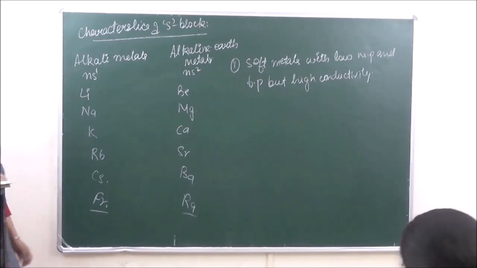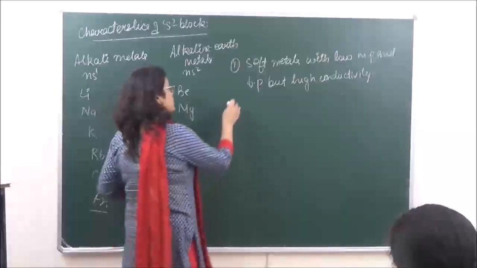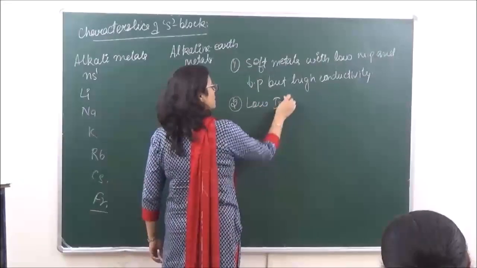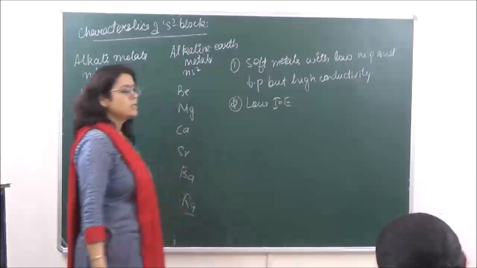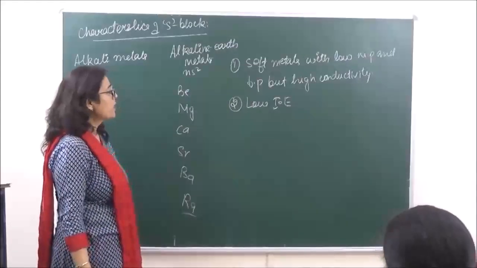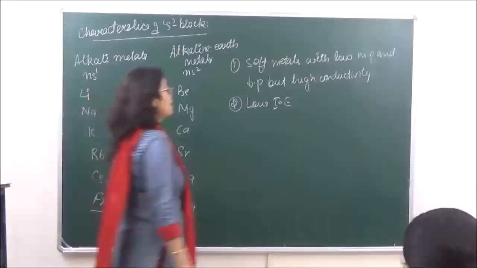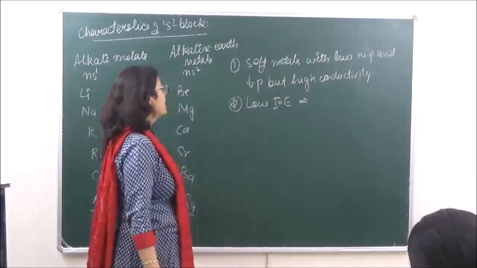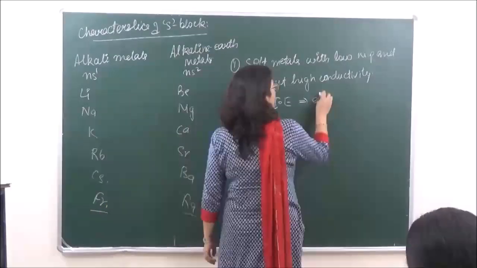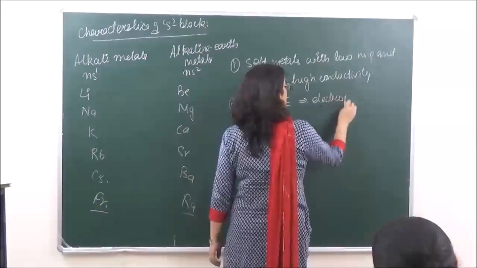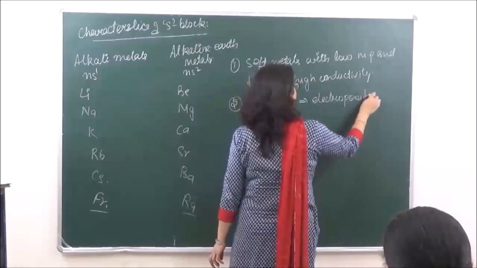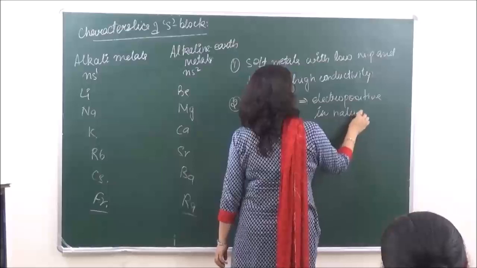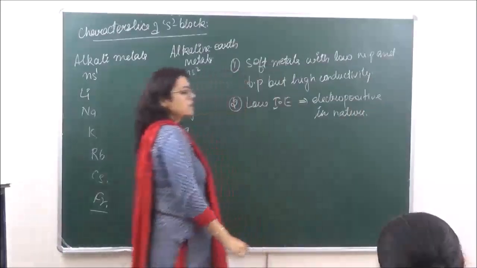Right? Then second, they have lowest ionization energies. Because of their low ionization energies, it is easy to extract the electrons or remove the electrons, as a result of which we say that they are electropositive in nature.